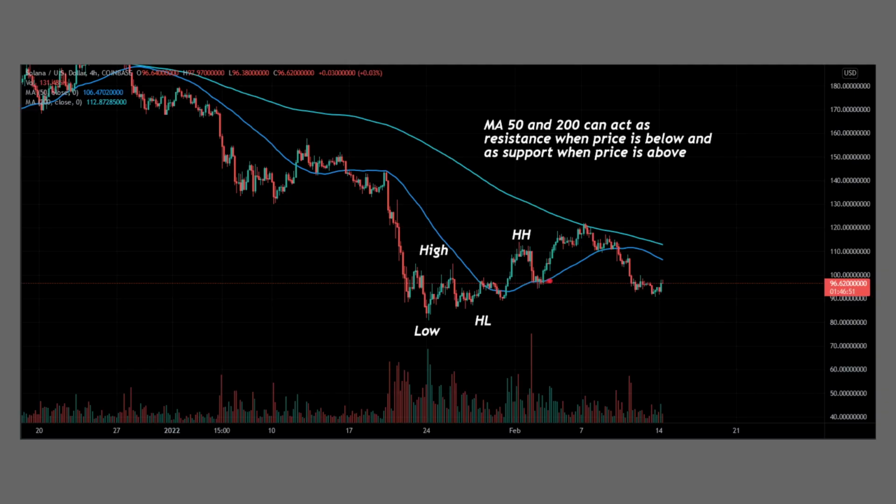This was actually a great entry if someone was using this technique, waiting for a market structure break, at least on the 4-hour anyway. So we saw price come up, produce this higher high. It comes down to here. This could have been a great long entry. And let's say we entered here because price failed to produce another lower low, right? It continued with this market structure break, so it was safe to make a long trade in this situation.